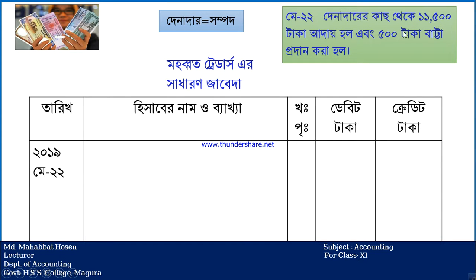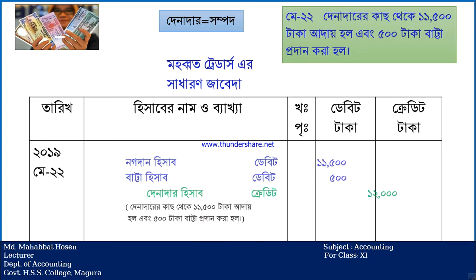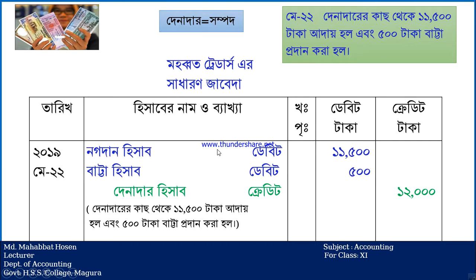We have received 11,500 and we have to leave 500 taka. We have to leave 500 taka. This is why it is an expense. We got cash amount 11,500, so it has come to the business, it will be debit, and we have to leave this amount.